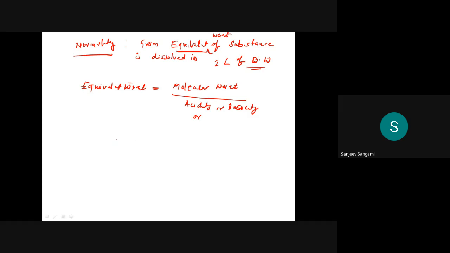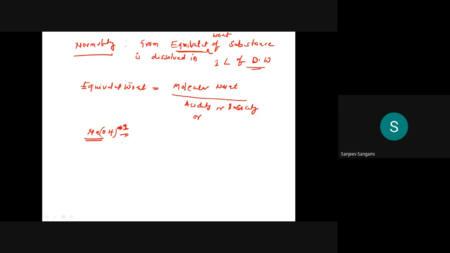So what is this basicity or acidity? For example, if we take NaOH only. NaOH is sodium hydroxide. If I want to calculate the basicity, how many ions will be there in this molecular formula? Here, OH minus ions, it is -1.